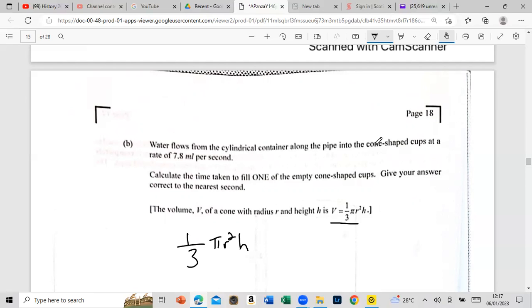So it's going to calculate the time to fill one of the empty cone cups. Give your answer correct to 1 decimal place. So what was the height?